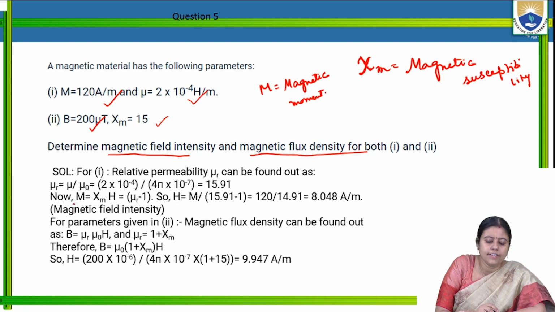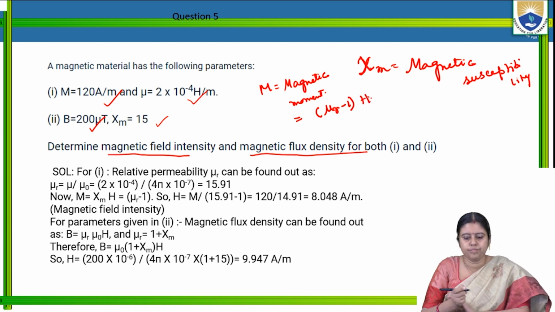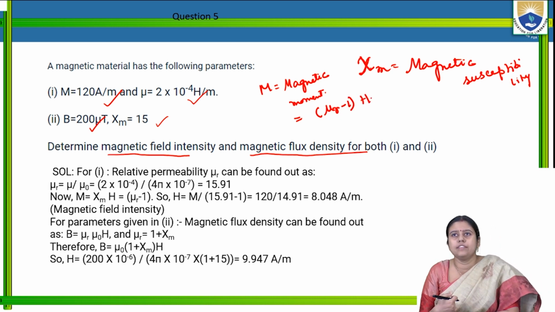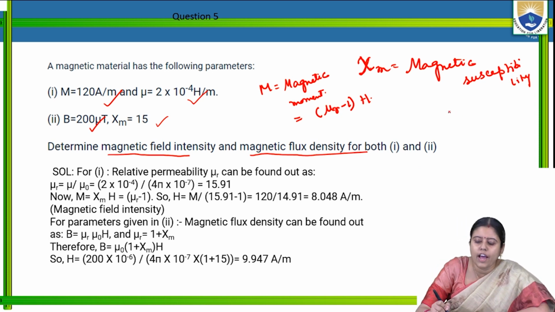What is the relation of M? M is equal to mu r minus 1 into H, the magnetic moment. We have to calculate the value of H, so H is M by mu r minus 1.